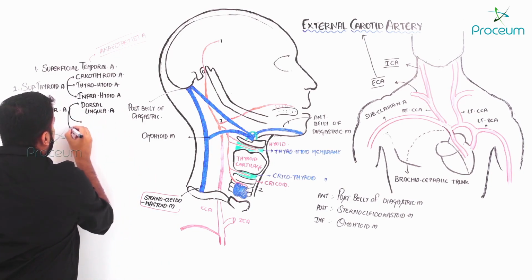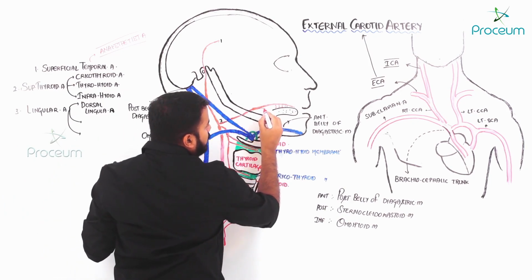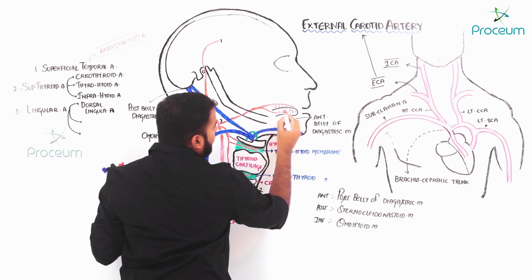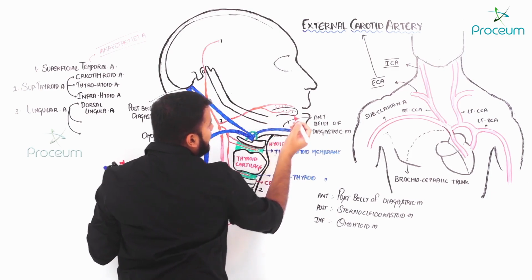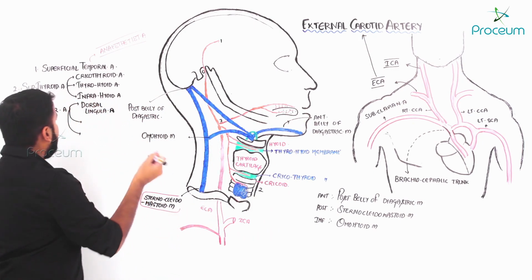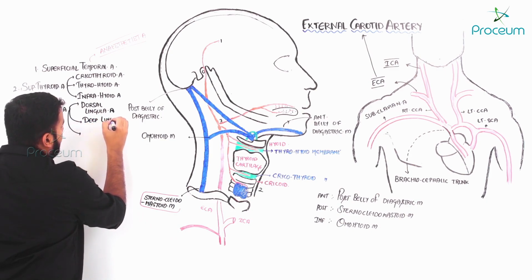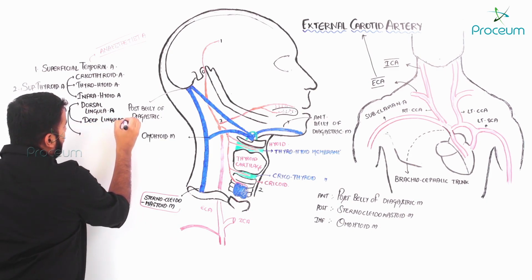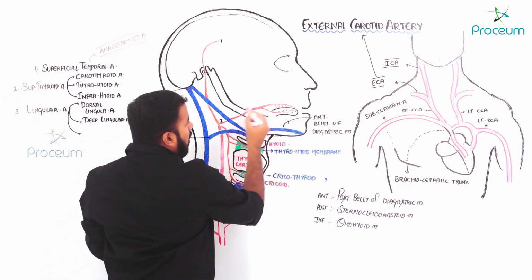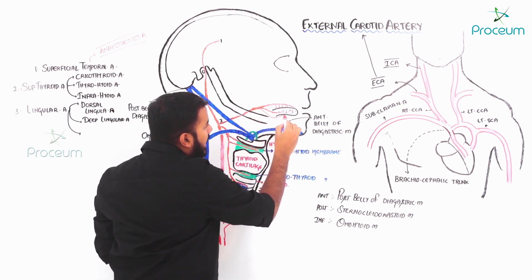Next artery. Now look here. This lingual artery also gives a branch which supplies the deep portion of the tongue, deep inside the muscle of the tongue. So you call it the deep lingual artery. The third important thing is that this lingual artery also gives a branch which supplies just below the tongue.